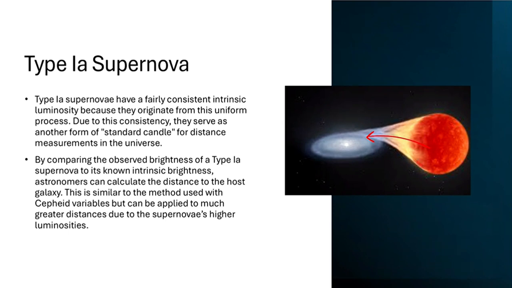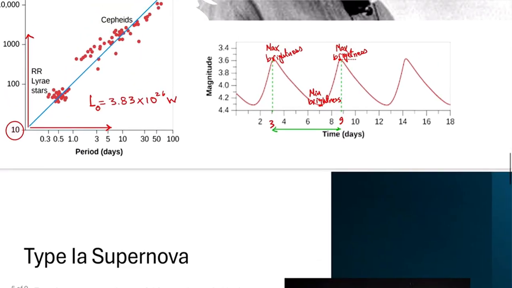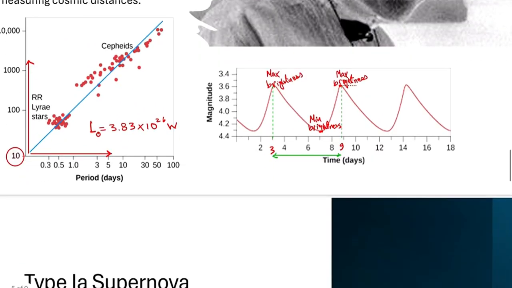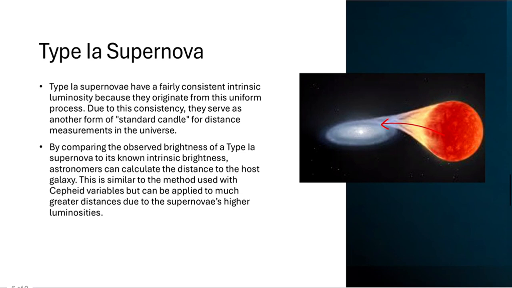The received radiations, by using the same principle that we used in Cepheid variables, will also enable us to determine how far it is from Earth.